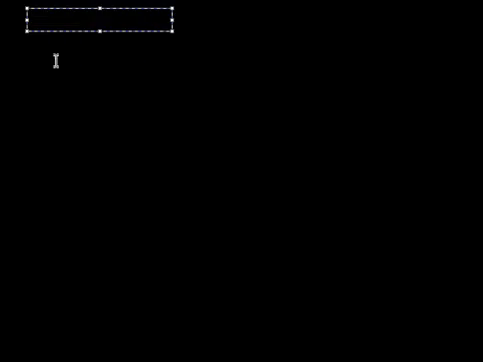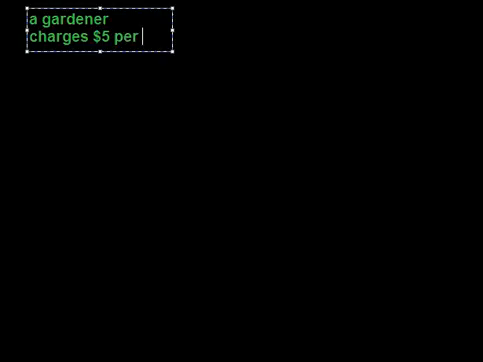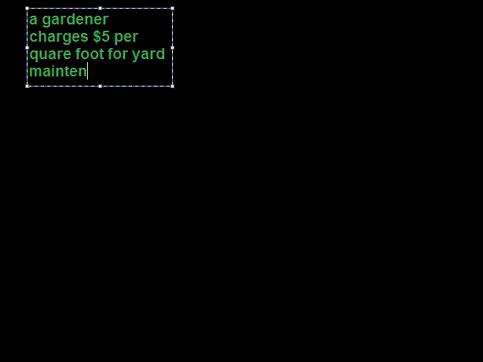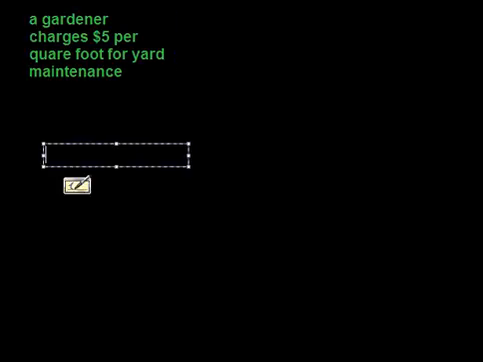So let's say that a gardener charges $5 per square foot for yard maintenance. So let's find out what the independent and dependent variables are here.